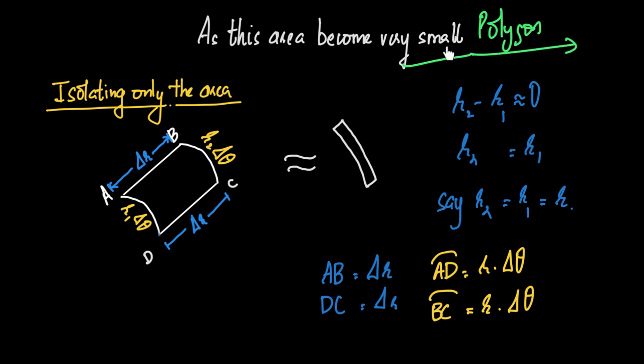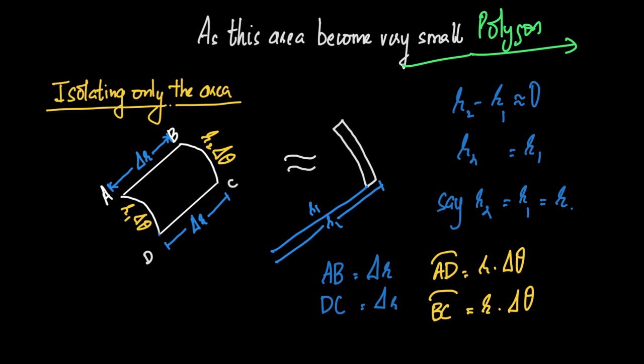Now when this happens, the distance R1, which is OD, and the distance R2 are very close to each other, which means that the difference should be approximately equal to 0. So R2 minus R1 is approximately 0, or in other words, R2 is equal to R1.